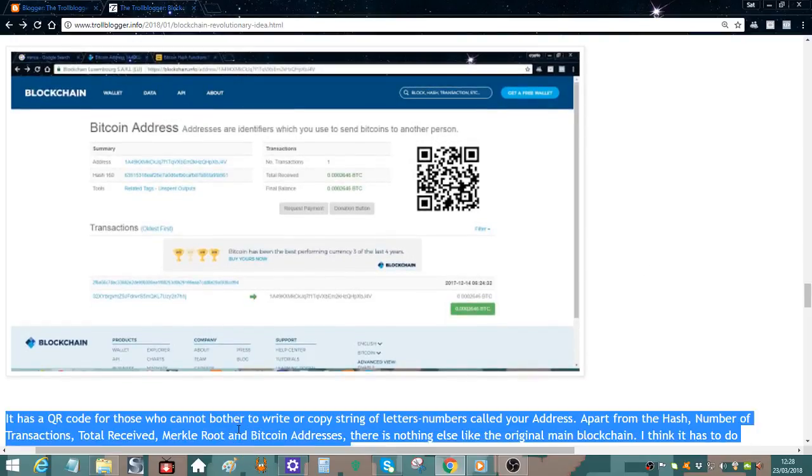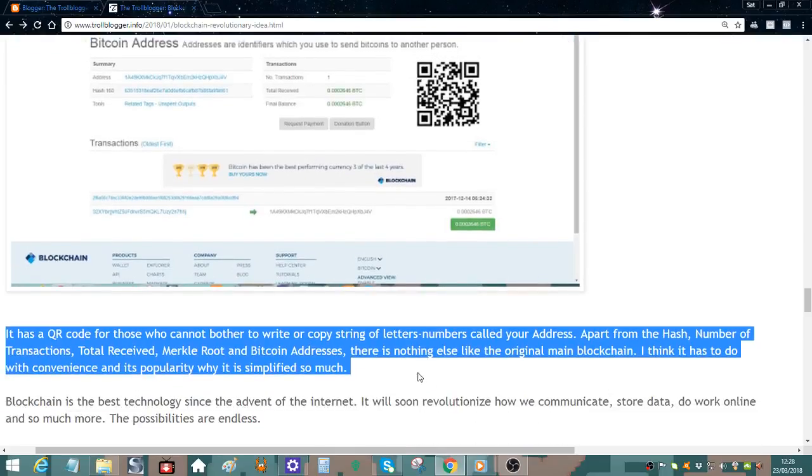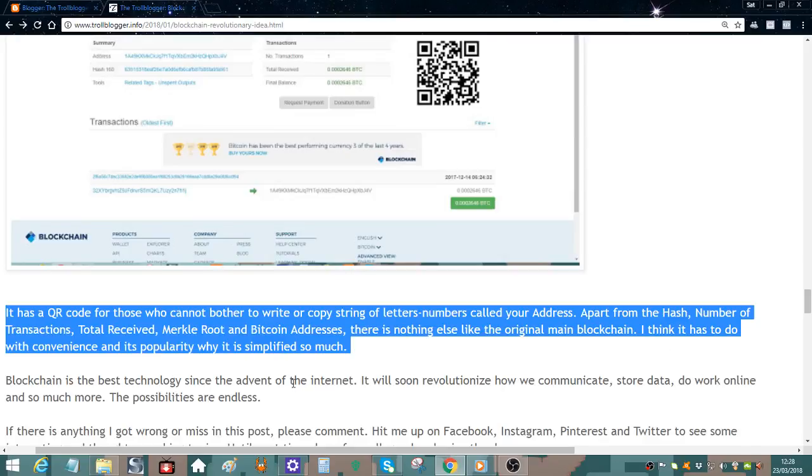It has a QR code for those who cannot bother to write or copy the string of letters and numbers called your address. Apart from the hash, number of transactions, total received, Merkle root, and Bitcoin addresses, there is nothing else like the original main blockchain. I think it has to do with convenience and its popularity, why it is simplified so much.